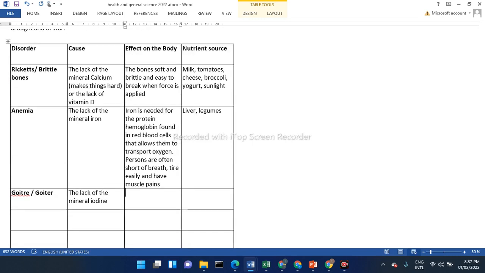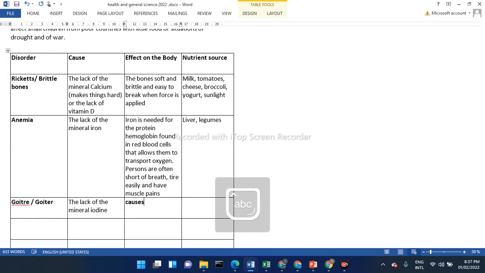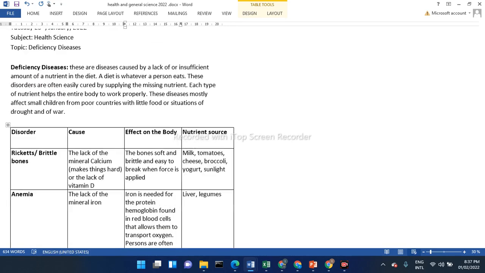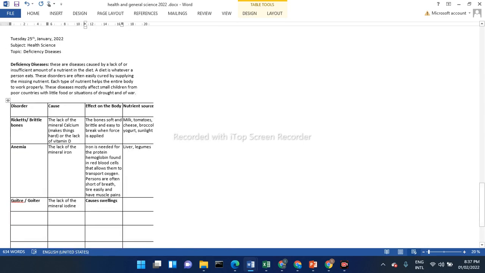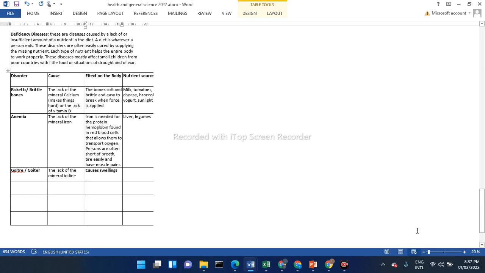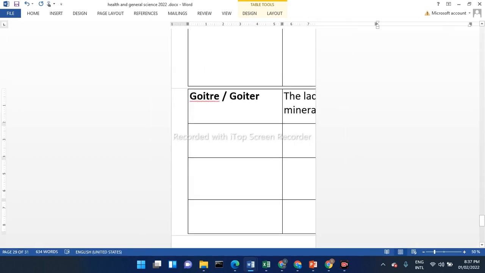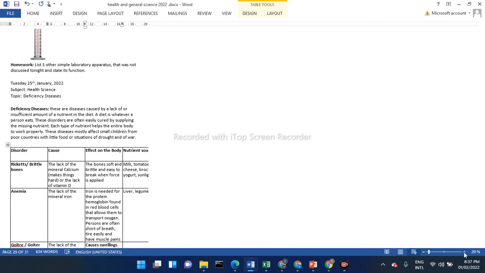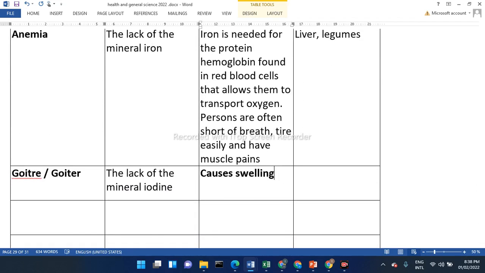The effect on the body is that it causes swelling of the thyroid gland.